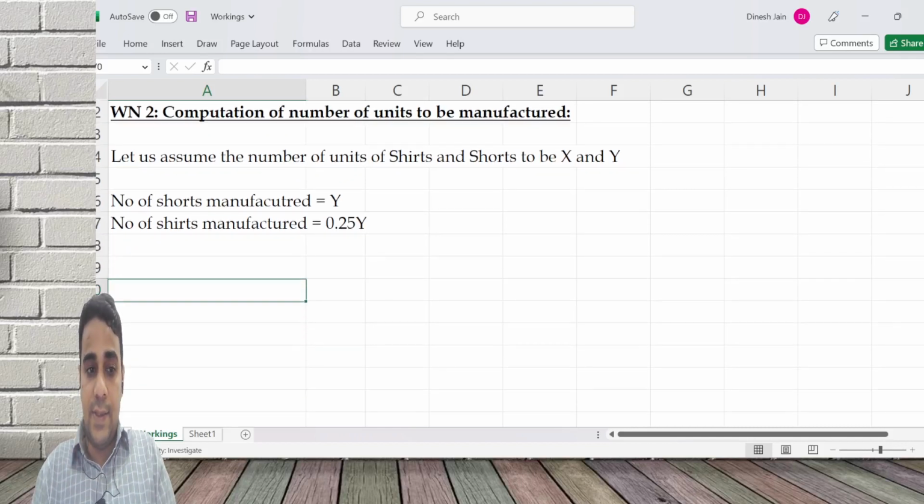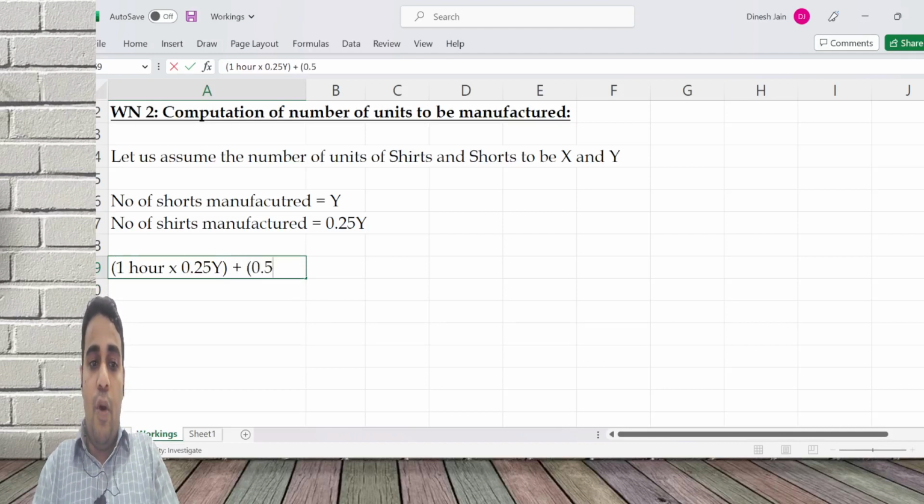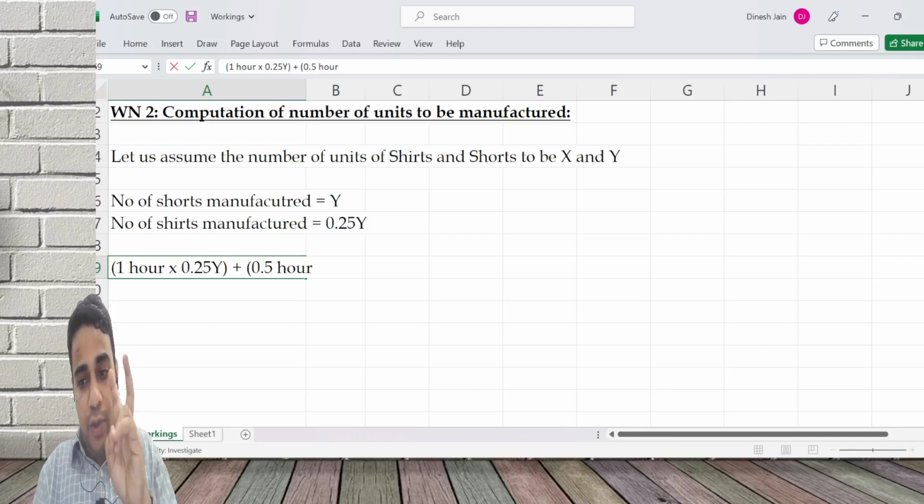So net it is like this. To produce one shirt you need 1 hour, and I am going to manufacture 0.25Y units, so 1 hour into 0.25Y. For the second product, you take only 0.5 hour, and here you will manufacture Y units.